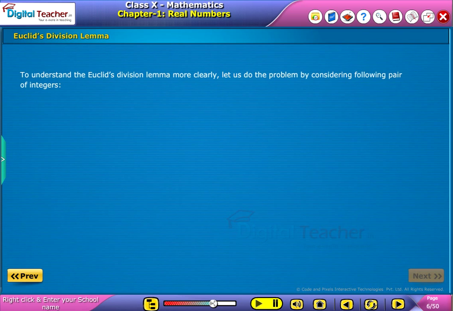Let us do the problem by considering the following pairs of integers: 20 and 8, and 17 and 5. Consider first 20 and 8. Here A is equal to 20, B is equal to 8.